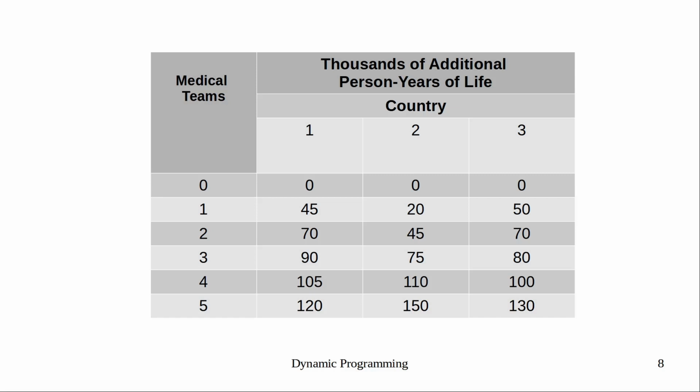Now what does this mean exactly? Let us say we have an example. We take the example of allocating 3 medical teams to country number 1. Supposing we have allocated 3 medical teams to country number 1, what do we find? We find that the average life expectancy of one person in that country has gone up by 0.09 years.